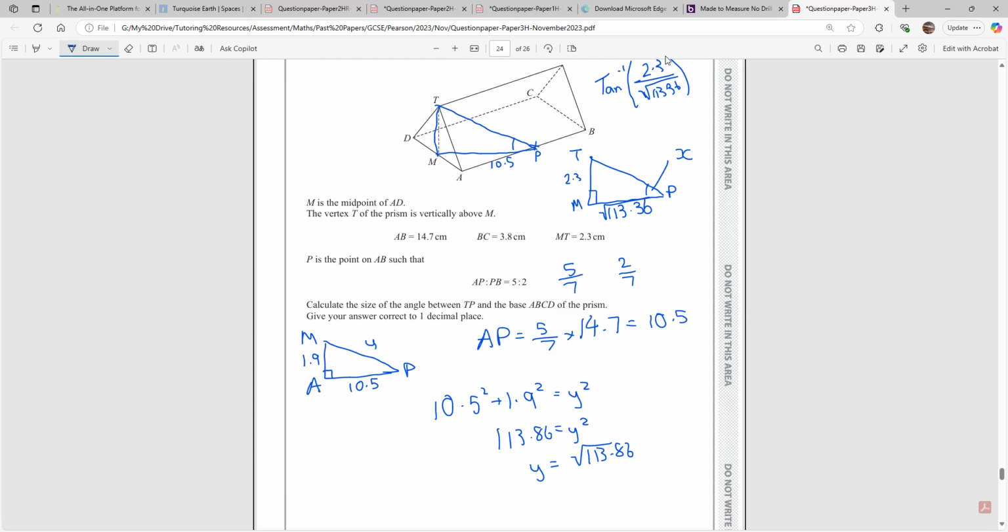And we can just type that into our calculator again. That's going to give us an answer of 12.189. It asks us for one decimal place, so our answer is going to be 12.2. And then we're finished.